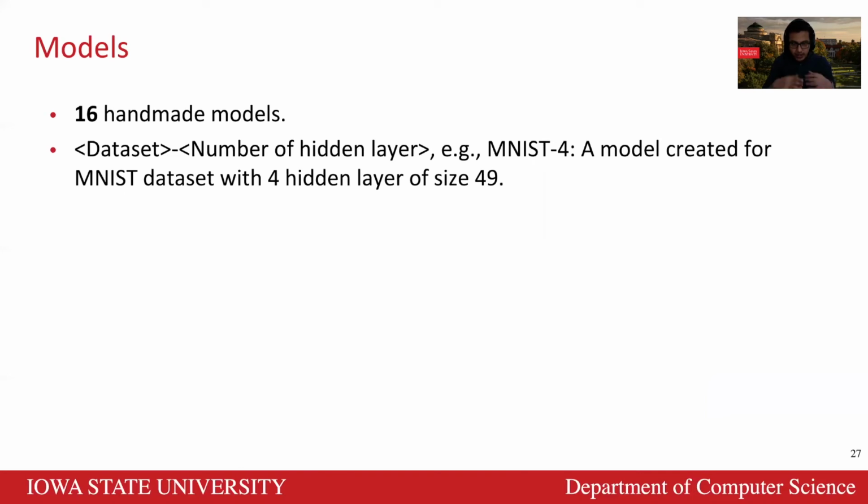These models are trained with the corresponding dataset for 50 epochs, and they have 1, 2, 3, and 4 hidden layers, each of size 49. The name of the DNN model is represented by the dataset, hyphen, the number of hidden layers. For example, MNIST-4 is a model created for the MNIST dataset with 4 hidden layers of size 49.